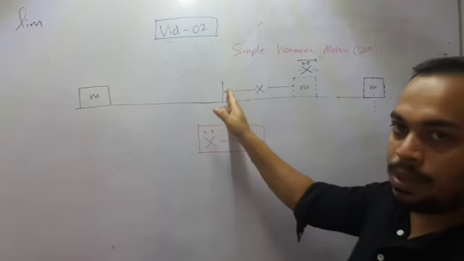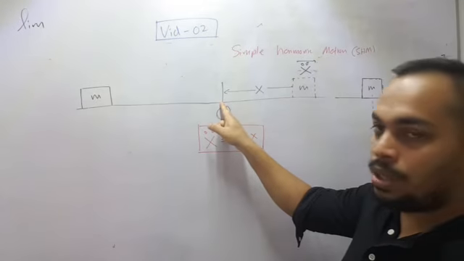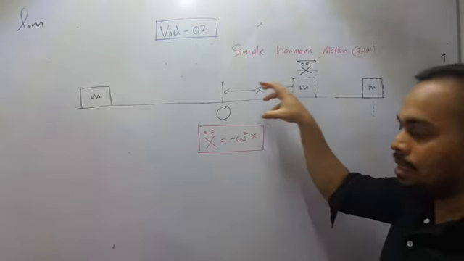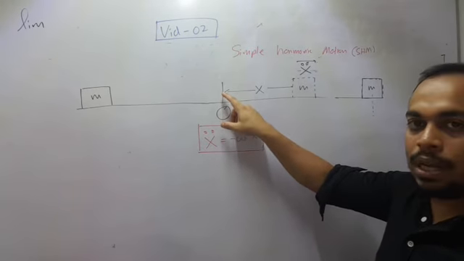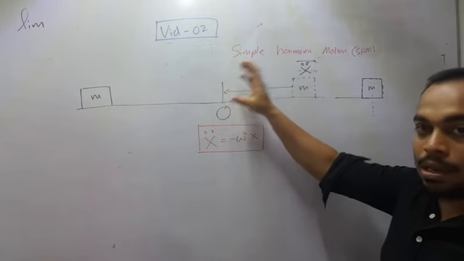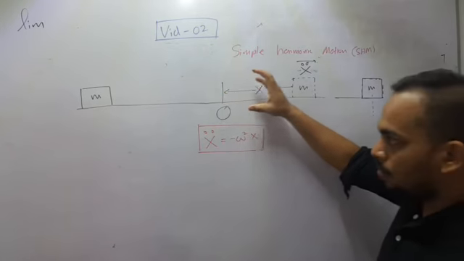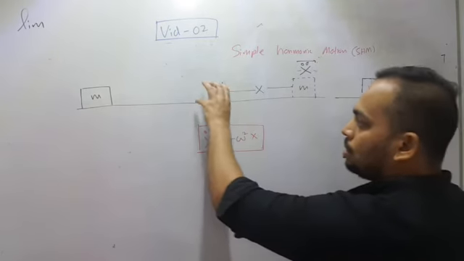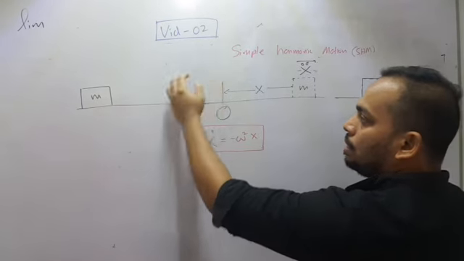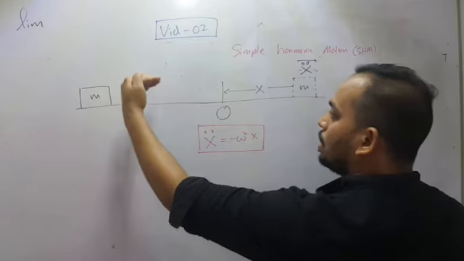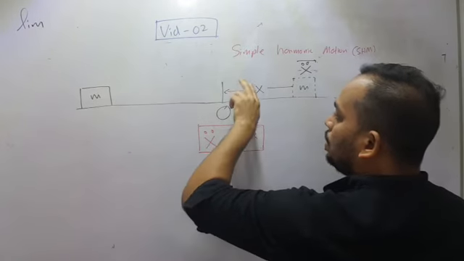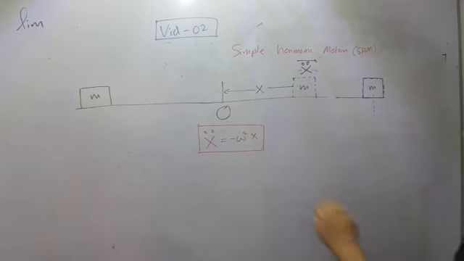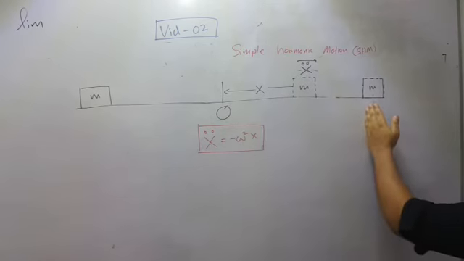It will not stop here, because when it comes to this point, it is coming with acceleration. That means the velocity increases. So at this point it will have a velocity, and it goes towards the other side, moving away from zero. Then it starts moving with deceleration, because the acceleration changes direction when it just passes O. So that's what happens.